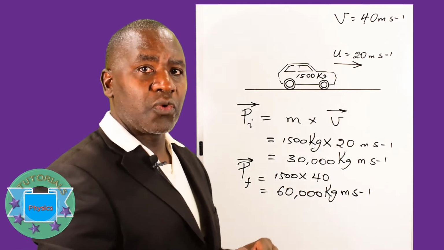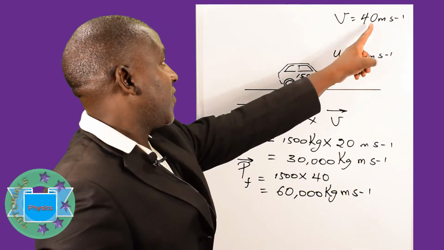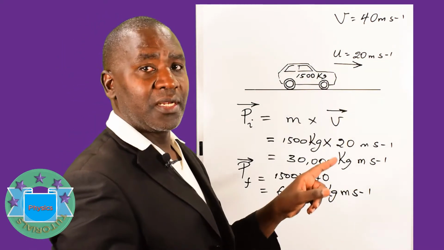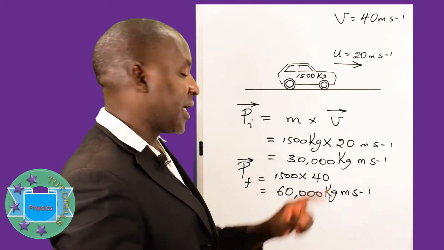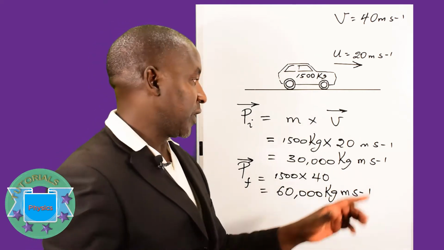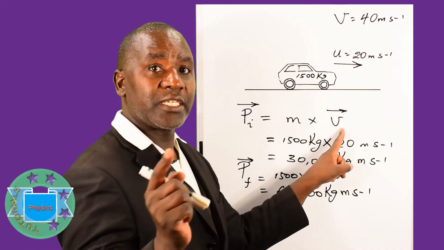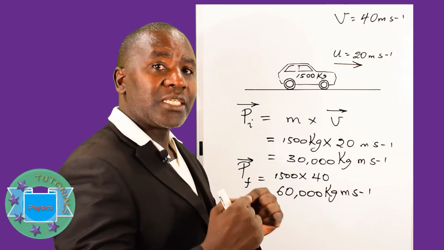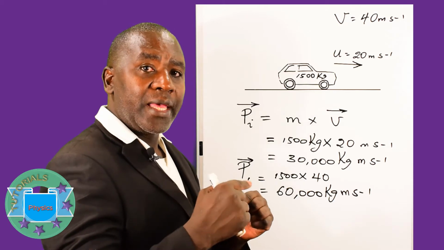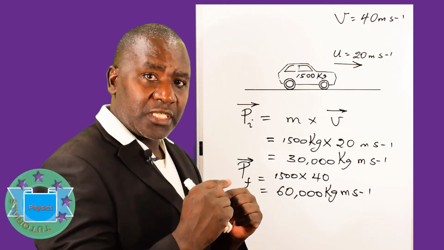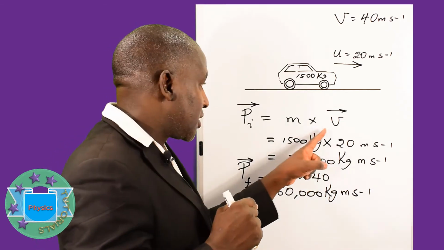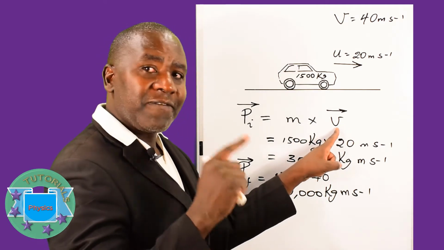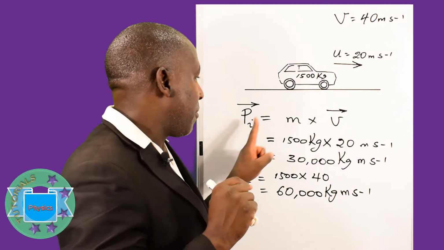So you can see that when you double the velocity of the object, its momentum doubles too. So velocity is one of the factors which affects momentum of an object. So you can increase the momentum of an object by varying its velocity. Velocity is a factor which affects momentum.